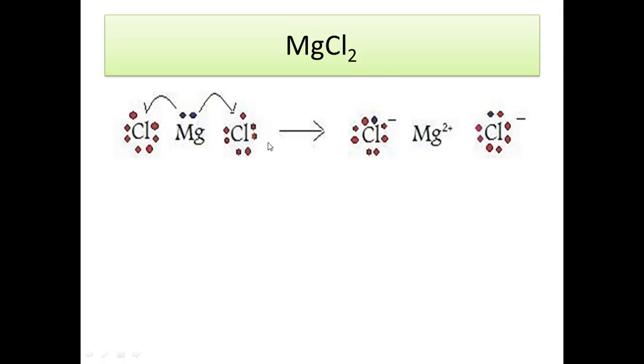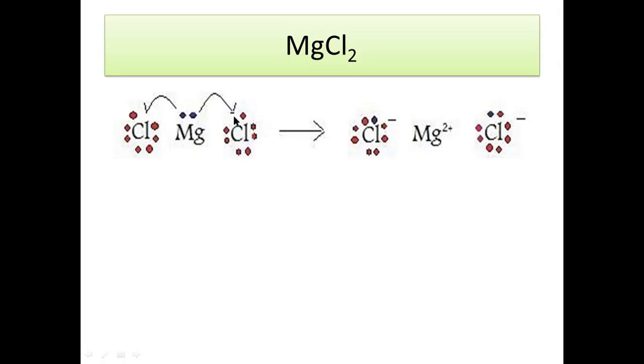And chlorine belongs to group seven A, having 7 electrons in the outermost shell, and it needs 1 electron. Another chlorine atom also needs 1 electron, and the 2 electrons are present in the magnesium shell.